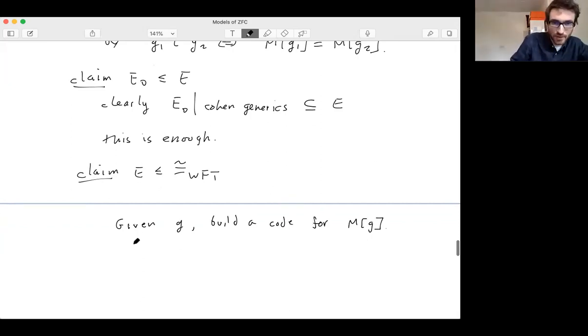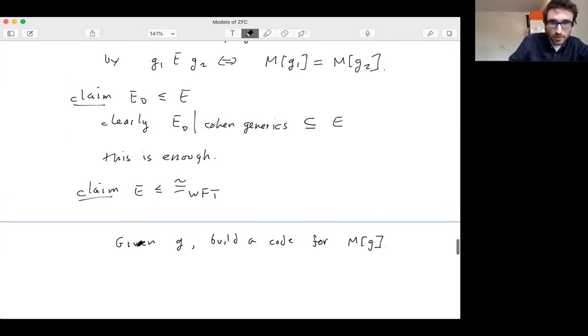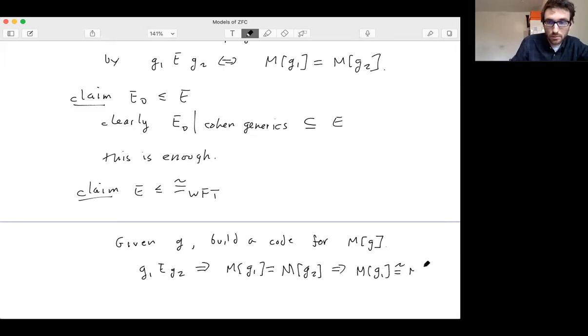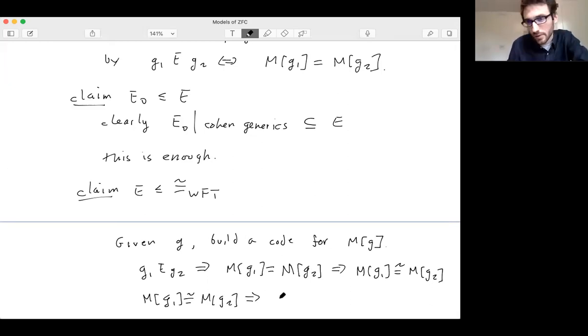Okay, and so then, of course, if G1 is equivalent to G2, then M of G1 is actually physically equal to M of G2, which of course implies they're isomorphic. And conversely, if M of G1 is isomorphic to M of G2, then they're transitive.